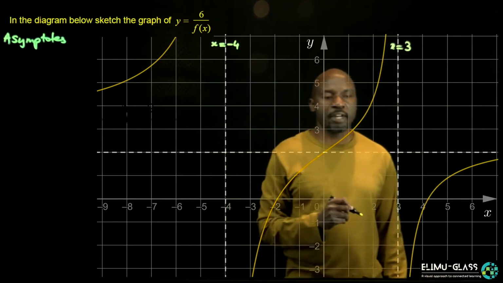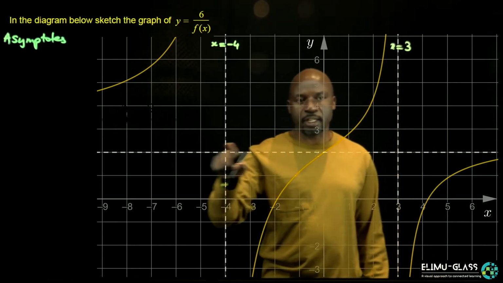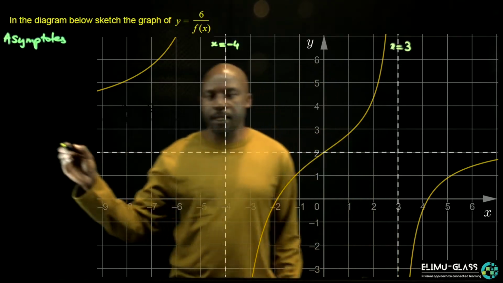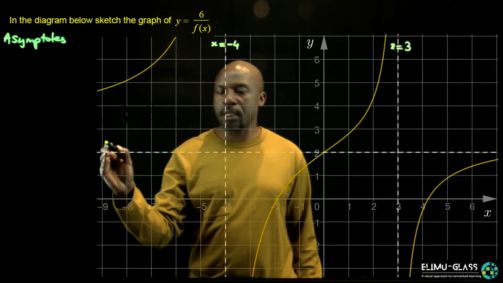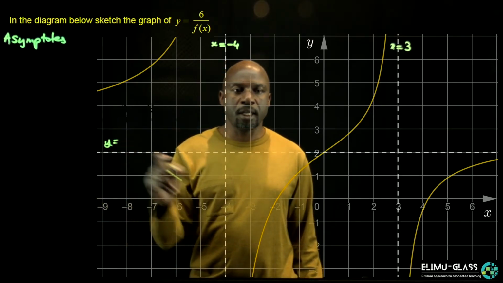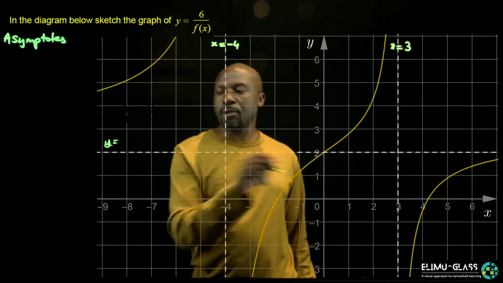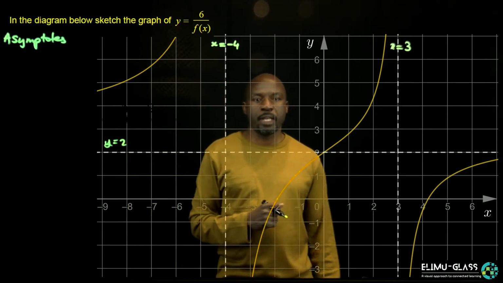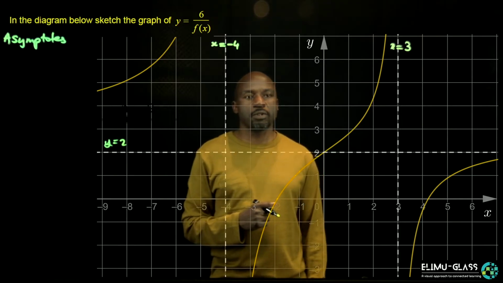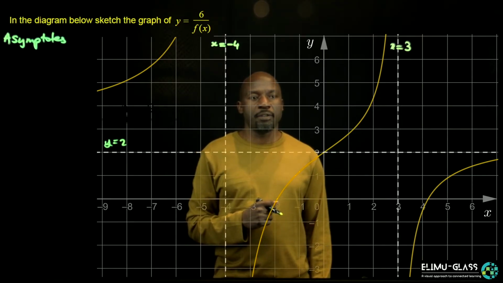That's a vertical asymptote. Then we also have a horizontal asymptote here, which is the line y equals 2. So we need to think about what's going on with these 3 asymptotes.